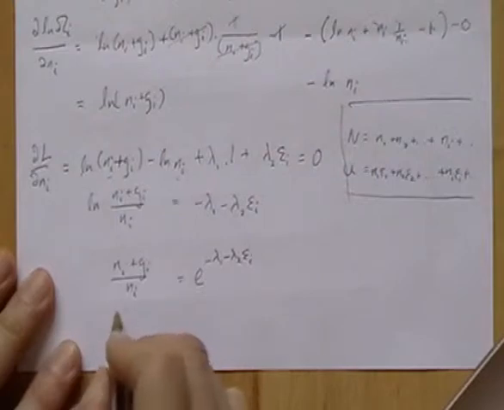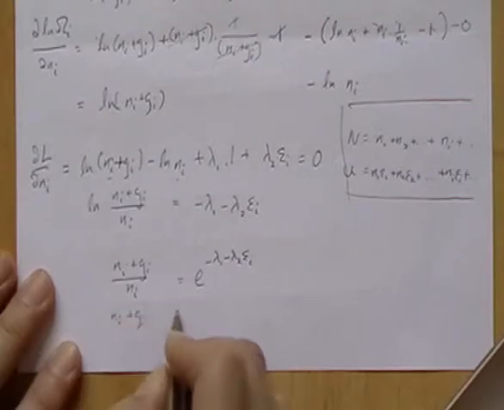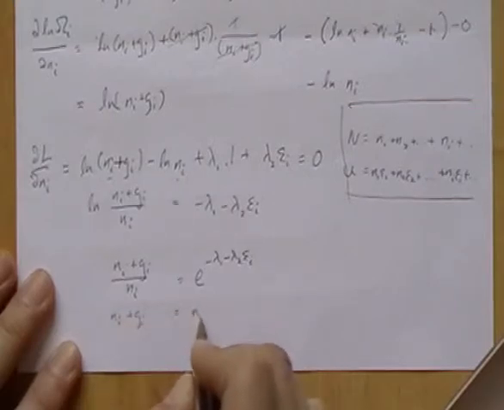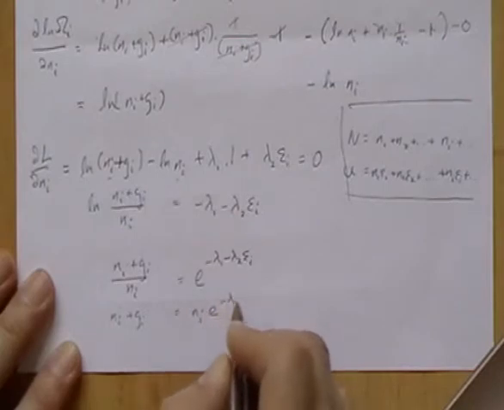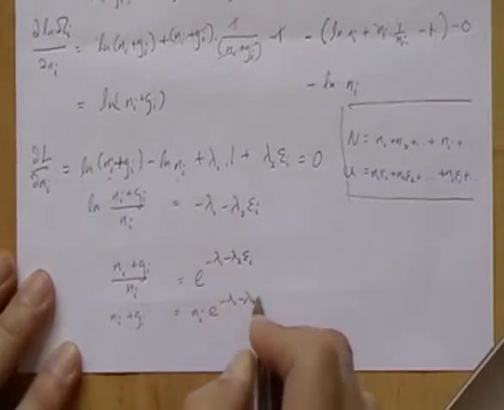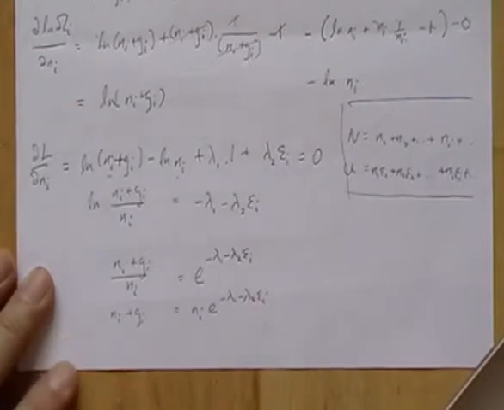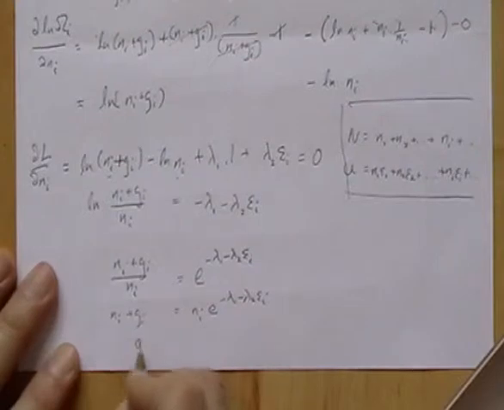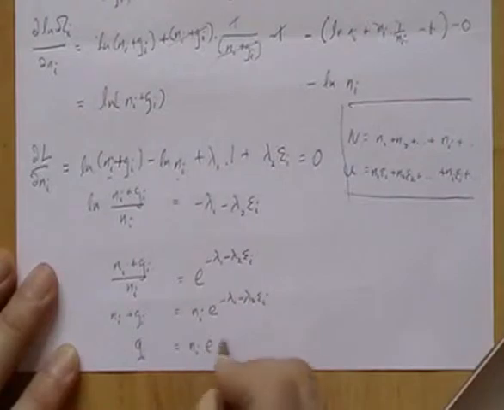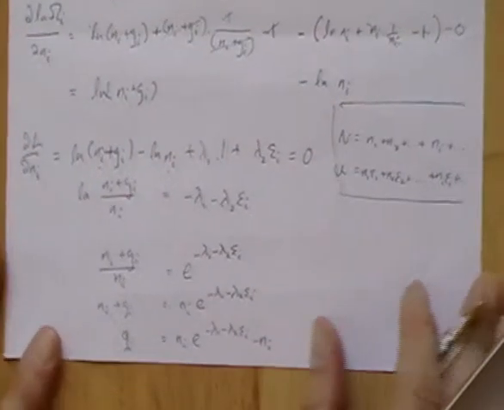So, okay, ni plus gi is equal to ni e to the minus lambda 1 minus lambda 2 ei. Okay, then gi, bring that over, and then I can factor out ni and make it the subject. So we're almost there.